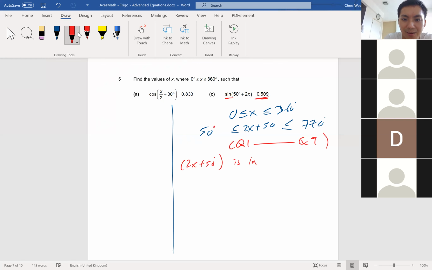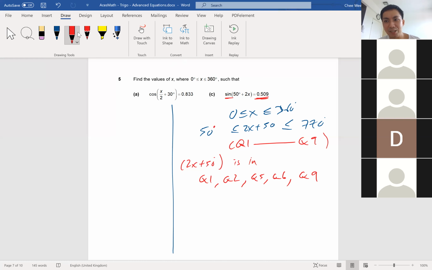It's positive, so we're looking at quadrant 1, quadrant 2, quadrant 5, quadrant 6, and quadrant 8. Wait, no, quadrant 9.